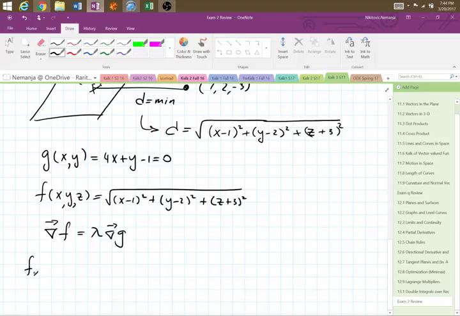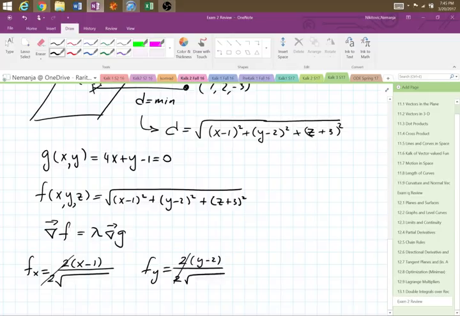So what's fx? Well, it's going to be 2x minus 1 divided by the entire square root times 2, right? And then they cancel. Fy is going to be 2y minus 2 over 2 times the square root.